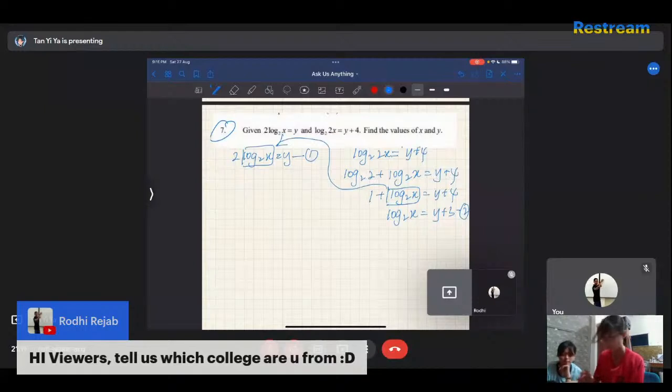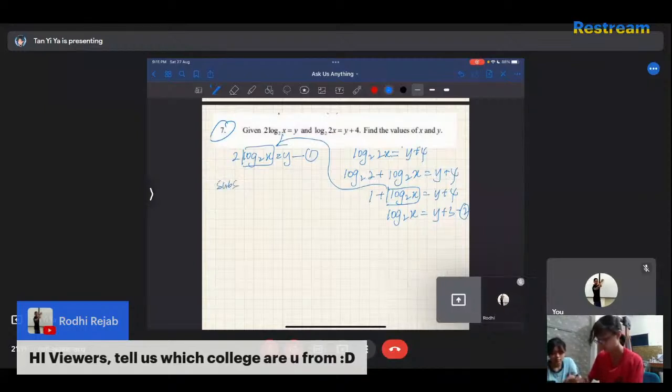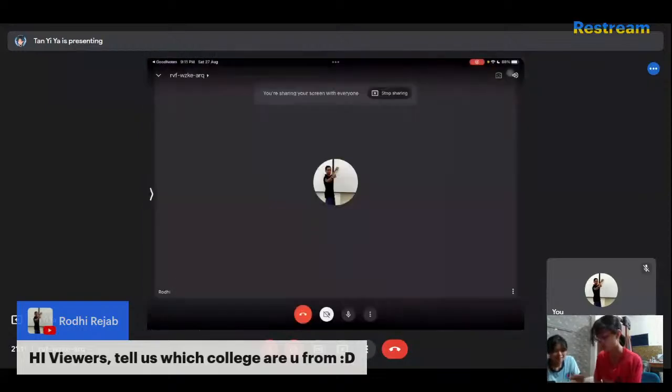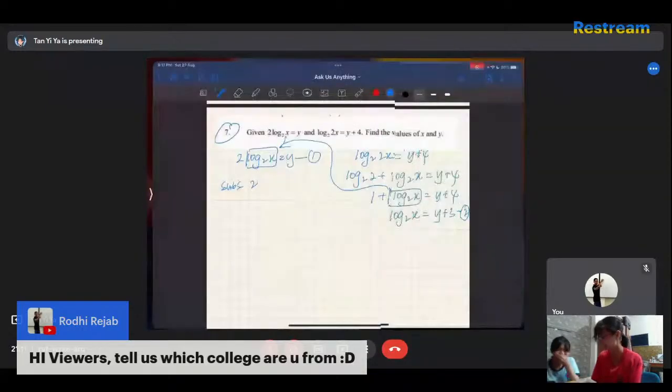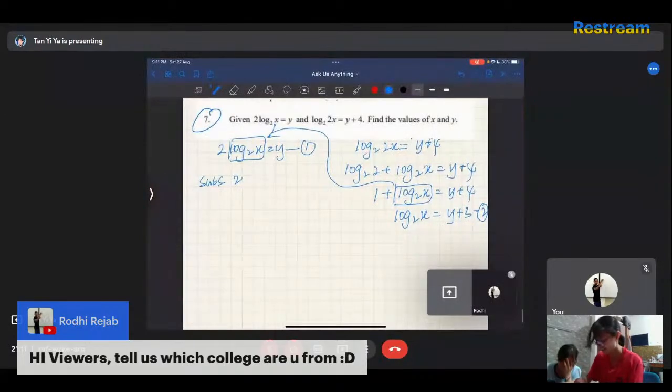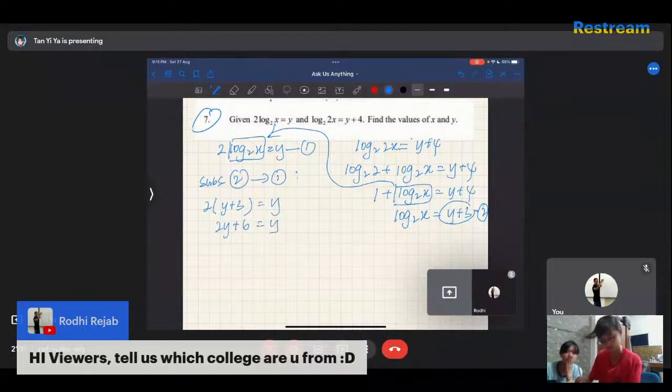So we may just substitute equation 2 into equation 1. So 2 equals 2 bracket y plus 3 equals y. So just expand it. Y will be equal to negative 6. Here we are.